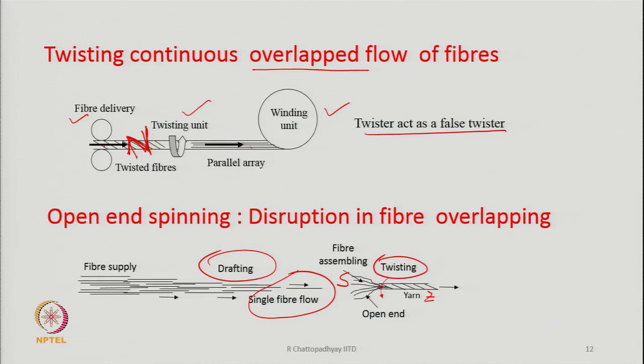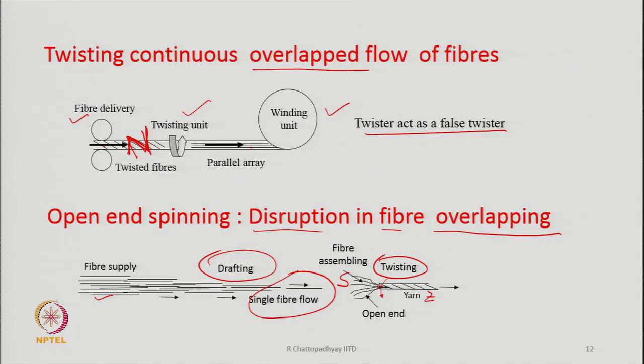So, what has been done? Disruption in fibers overlapping. The fibers are not really overlapping on each other. That much amount of draft we have to provide. Here many fibers are overlapping on each other.